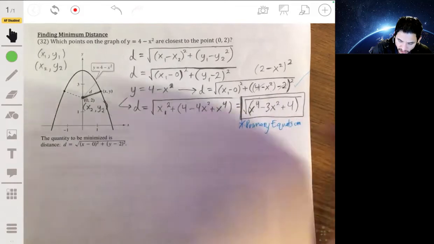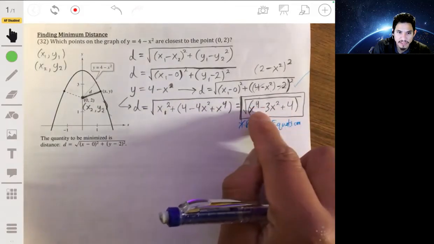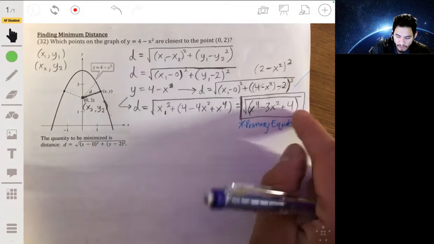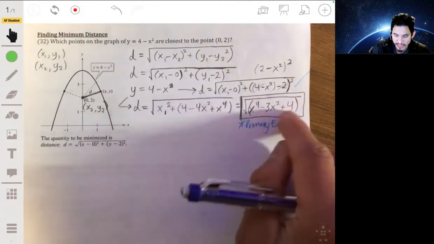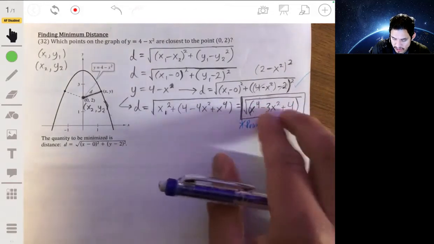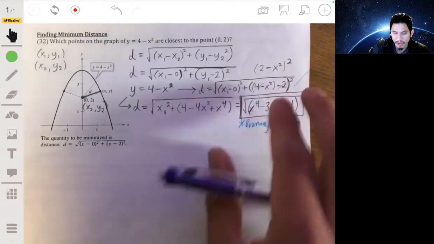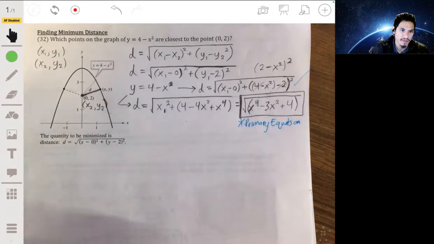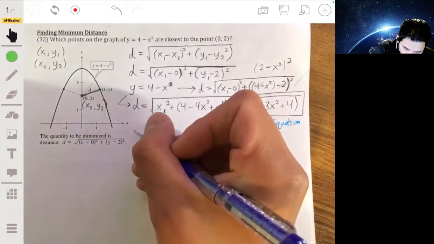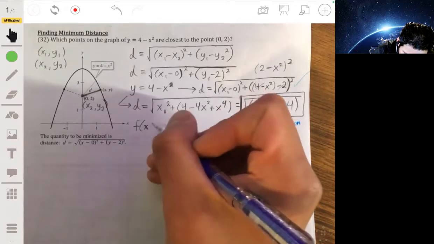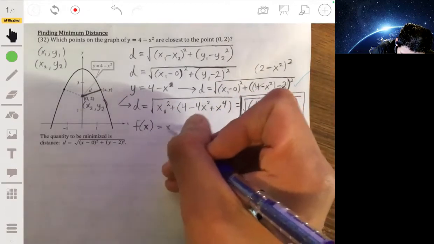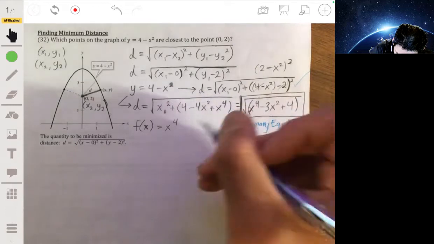So to make our life simpler, we can just make our function equal to x to the 4th minus 3x squared plus 4. That way we don't have to worry about differentiating the square root. Because as long as this is minimized, the whole function will be minimized. So we're going to name our function f of x is equal to x to the 4th minus 3x squared plus 4.